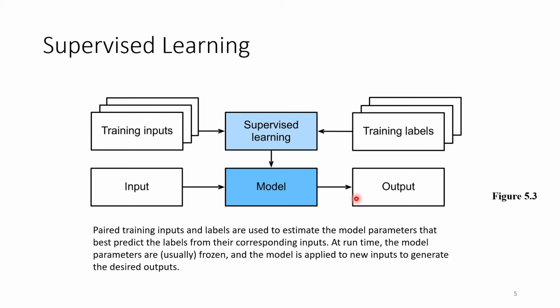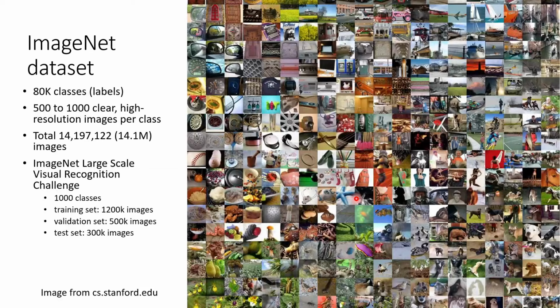Let's see an example. This is the famous ImageNet dataset. You can see there are a lot of images here. The number of images contained in the dataset is 14.1 million, so it's quite large.